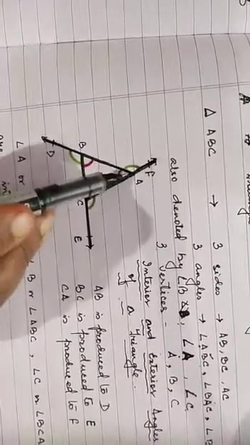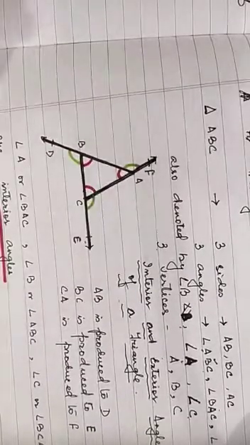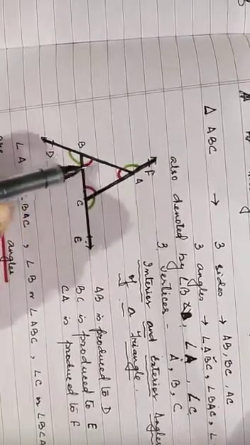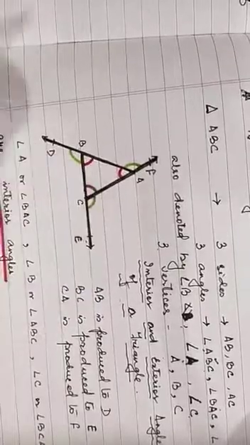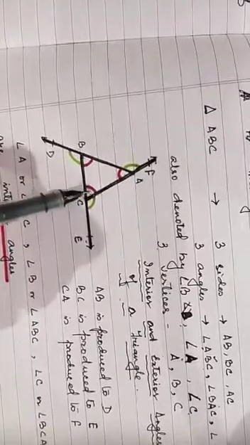I have produced AB to D, BC to E and AC to F. The angles marked with orange color are the interior angles, that is angle A, angle B, angle C. Angle A is angle BAC, angle B is ABC, angle C is BCA. These three angles are the interior angles because they lie inside the triangle.